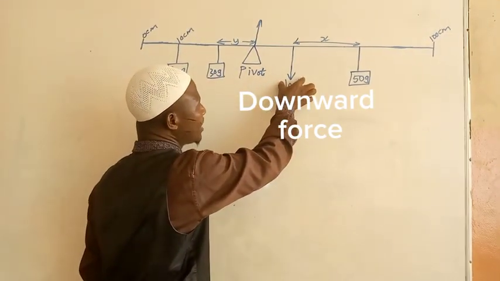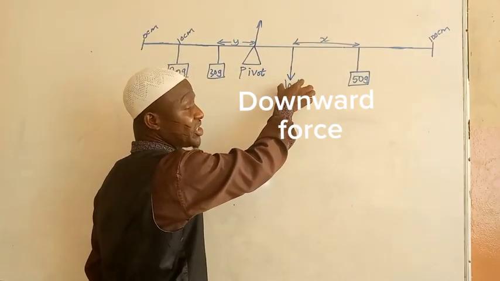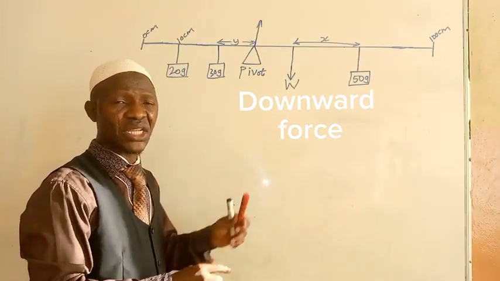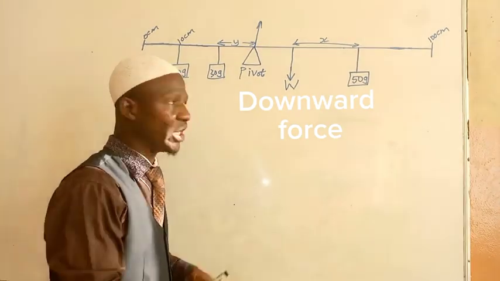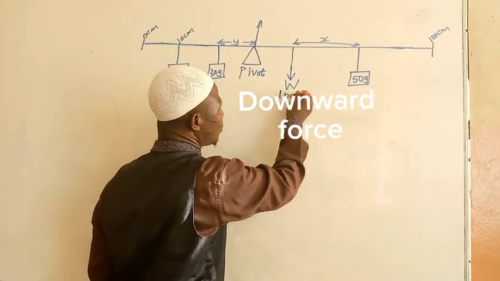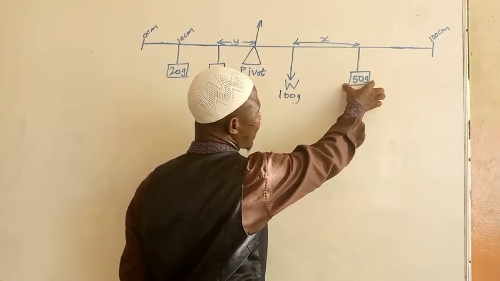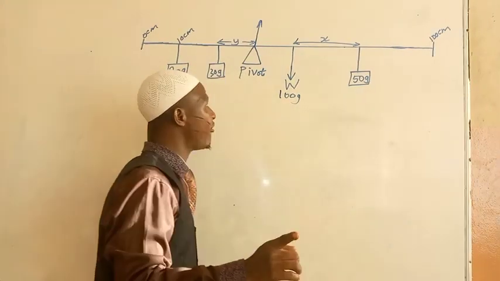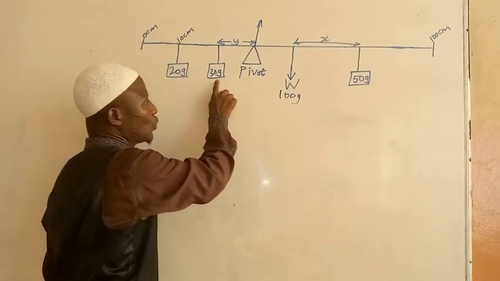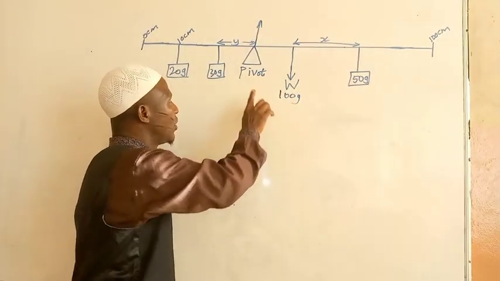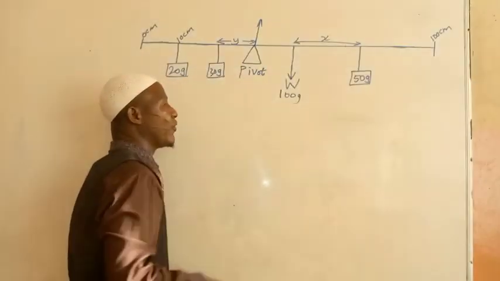This downward force represents the weight of the metal rule, which according to the question is 100 grams. Then this is another mass of 50 grams acting downward. Therefore, we have 1, 2, 3, 4 as our downward forces, while this one is the only upward force.